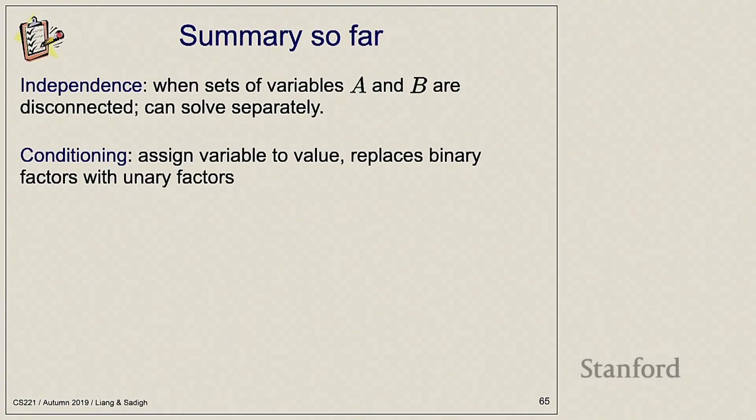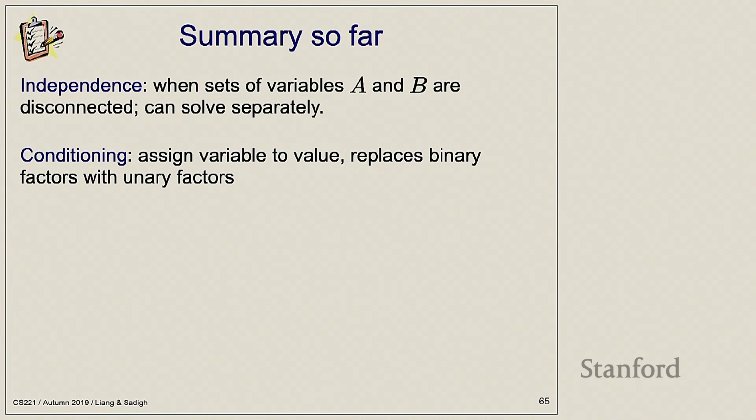OK, so just to summarize, independence is when we have A and B, and there's no way to get from A to B. Conditioning is when we take a variable, plug in its value, rip it out of the graph, and then preload all the factors that touched it.